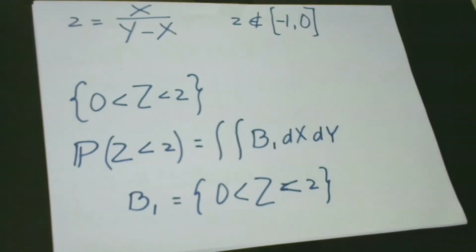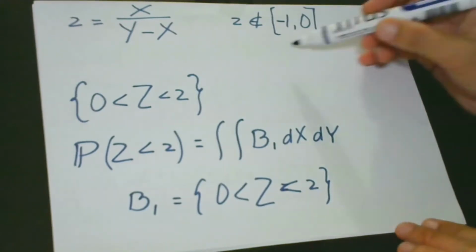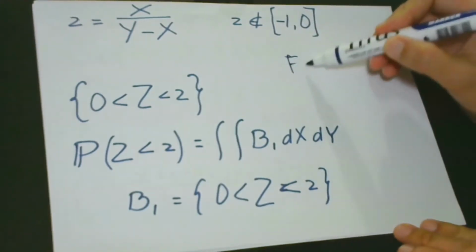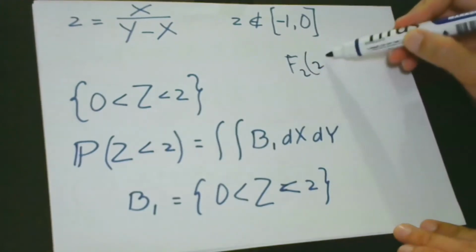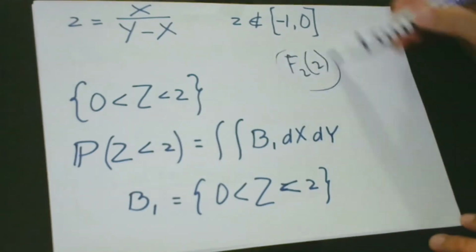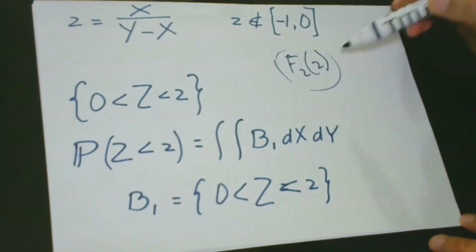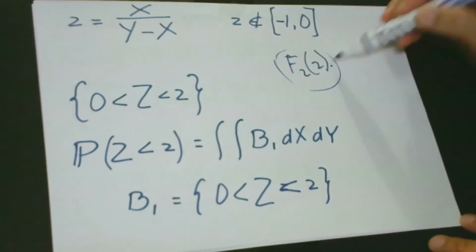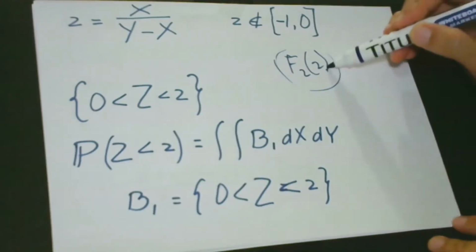So for example, just to show you, when you try to find the function of z, this actually fails. Maybe you would like to ask me, why does this fail?